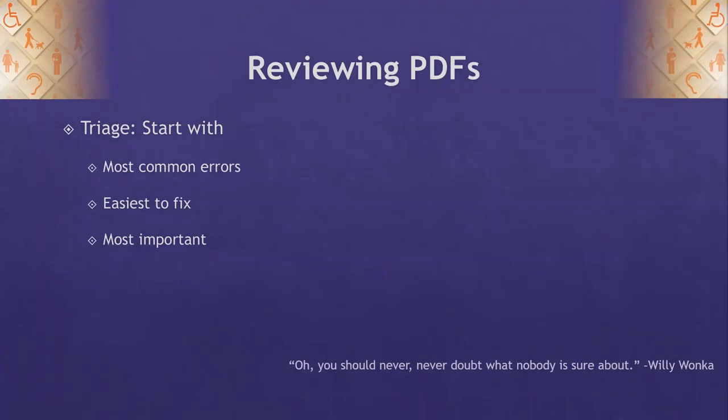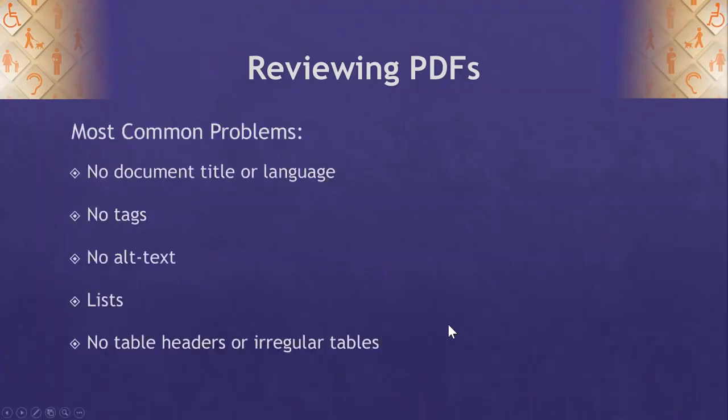Let's go to the next slide. And the most common problems: no document title or language, there's no tags, there's no alt text, lists. We love lists in government. Here's a list of things you can do. Here's a list of things you can't do. Here's a list of things we found walking along a stream or whatever.